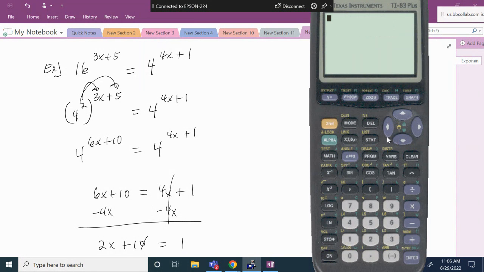I'm going to go back to the home screen. I'm going to pull up that y sub 1 equation. I'm going to evaluate it at negative 9/2.